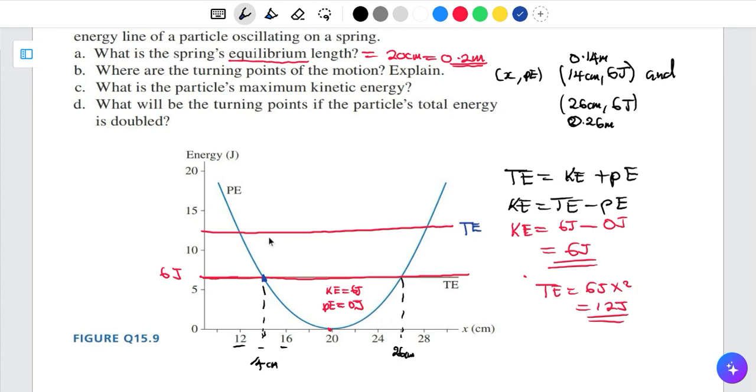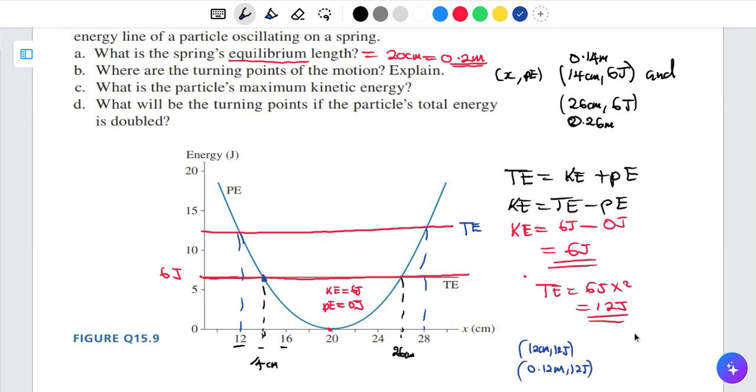In terms of the turning points, what are we going to have? If I draw a straight line going downward here, I reach 12. Then when I go down here, I reach 28. So the first turning point is 12 centimeters, 12 joules, which you can convert to 0.12 meters, 12 joules.